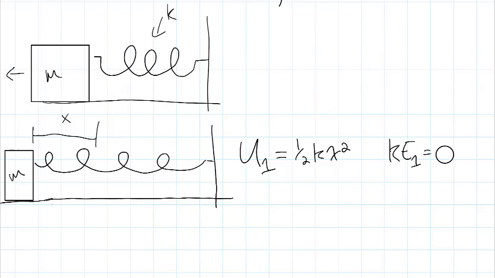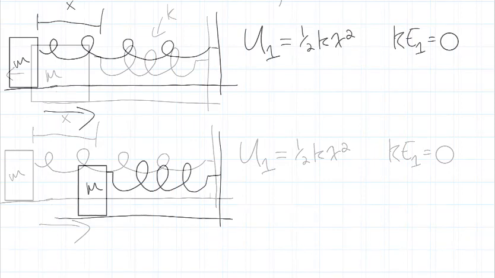So we're going to let this thing go, and as you know, if you let an object on a spring go, the spring is going to pull the mass backwards, and then this thing is going to start oscillating. Then we can start thinking about what the various potential or kinetic energies are as it goes through its oscillation.